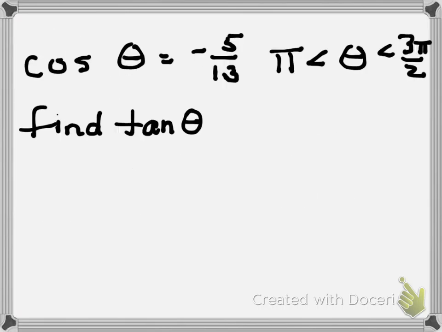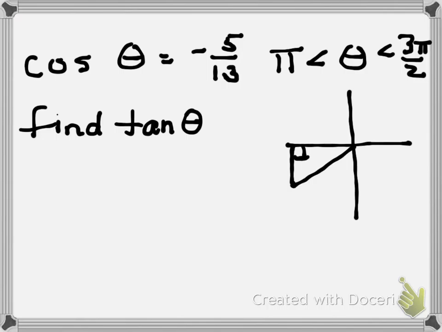Okay, so this is a typical problem. You're given the cosine. Well, cosine being negative means you're either in the second or the third quadrant. However, you're then told that theta lies between pi and 3 pi over 2, which means that we are in the third quadrant. They're telling you you're in the third quadrant. We always drop a perpendicular to the x-axis.